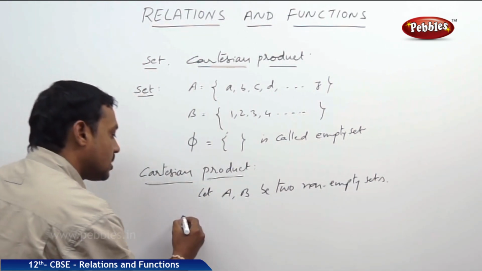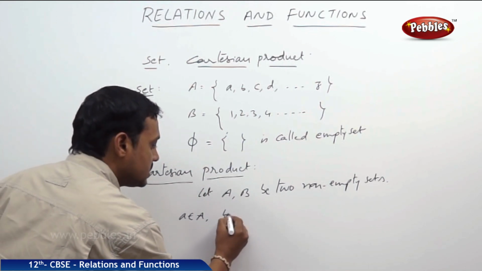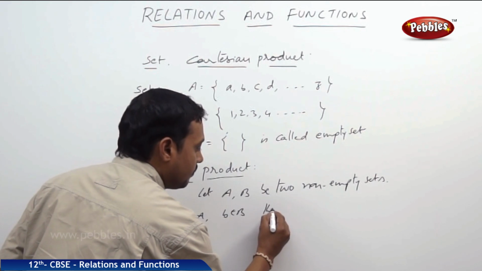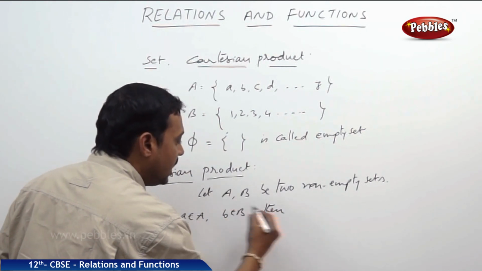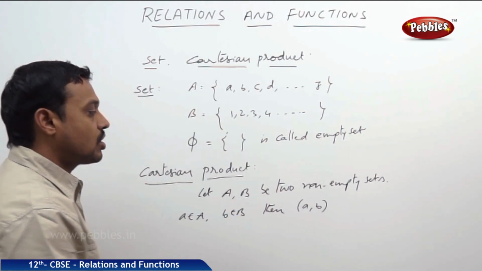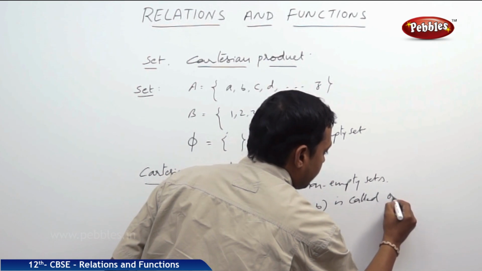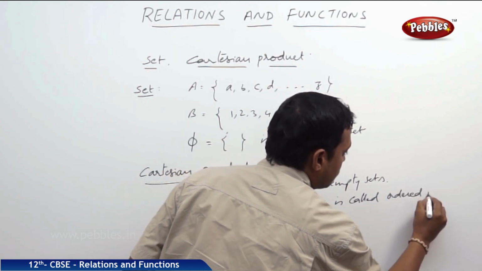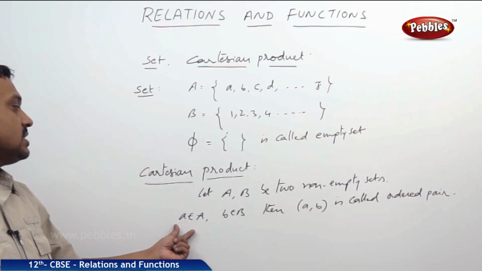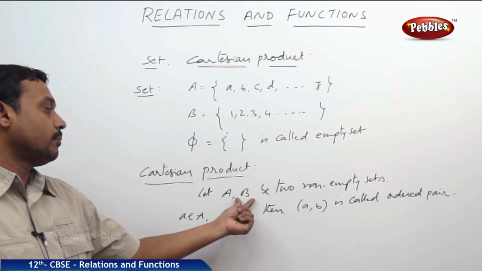And for some element a belonging to A and some element b belonging to B, then a is related to b, like (a, b), and this is called an ordered pair. Here a is some element chosen from A and b is some element taken from B.